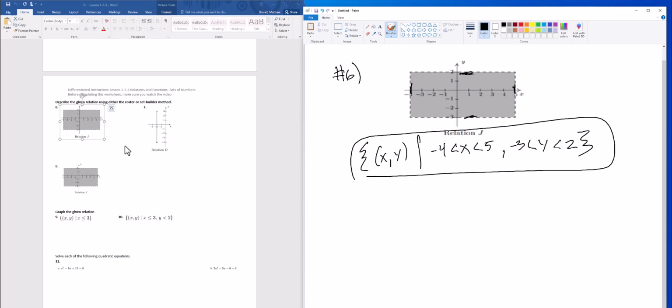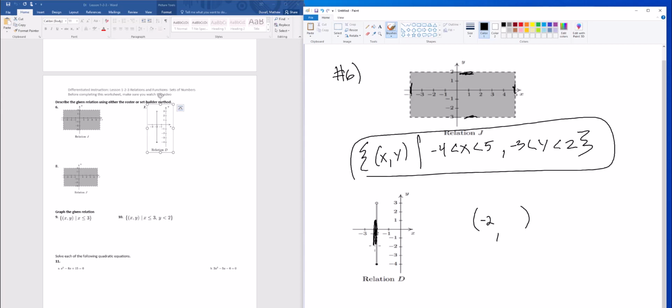Let's look at another one. So for this one, it seems like my x value is -2 because it can only be -2.